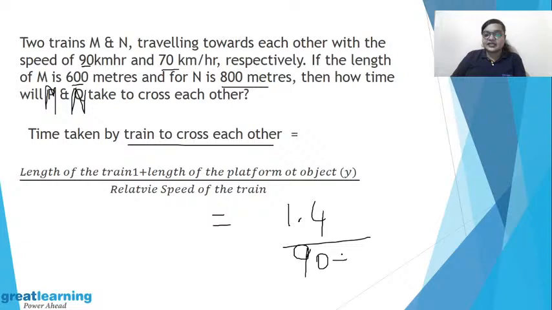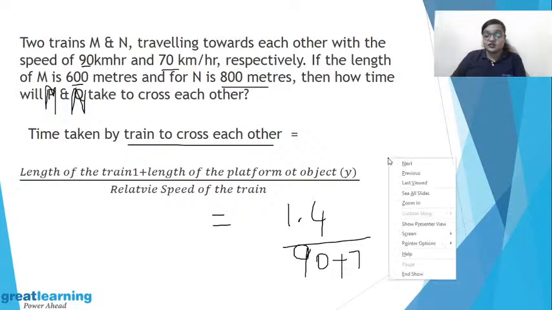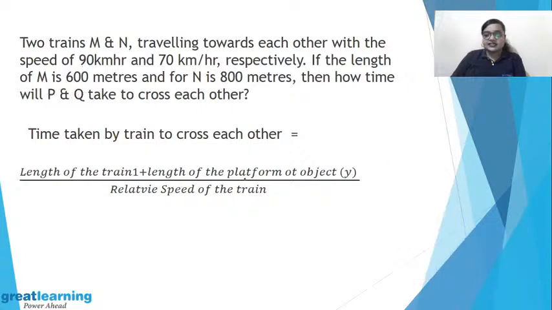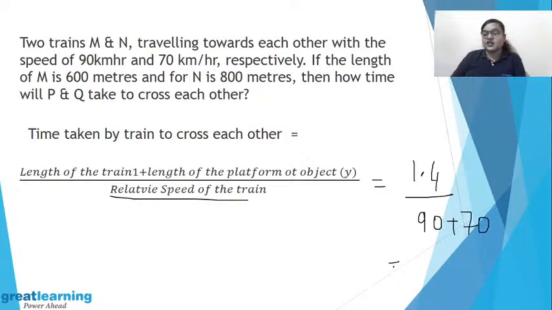So distance by time, distance is nothing but 1.4, and relative speed is nothing but the addition of speeds, that is 90 plus 70. So 1.4 divided by 90 plus 70, which is 160.